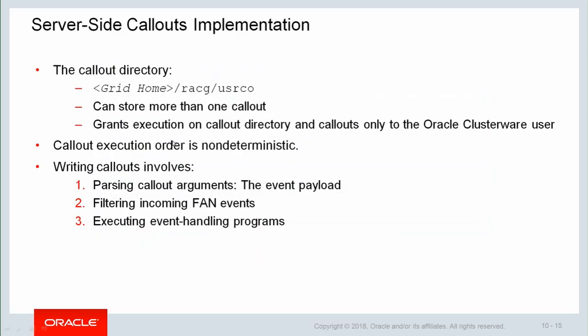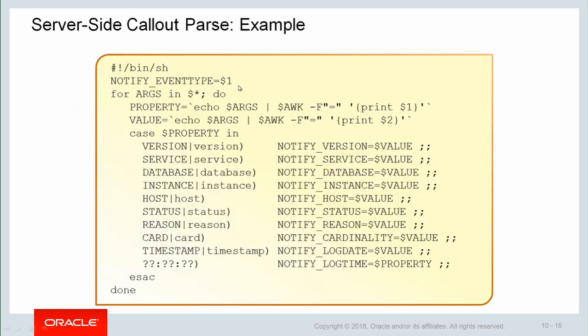Okay, so once FAN is generated, we can also consume this FAN message at the cluster level by using a callout script. So you can write a callout script to parse the input information, which is a FAN message, and we can also filter FAN events, and take action by using a callout script. And this is an example. In this example, we enter the FAN event, and the FAN event includes the version, service information, and timestamp.